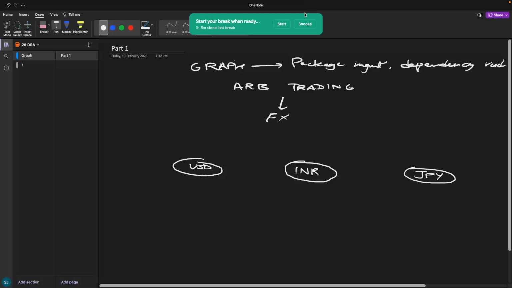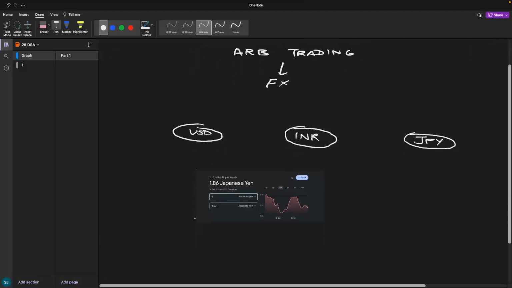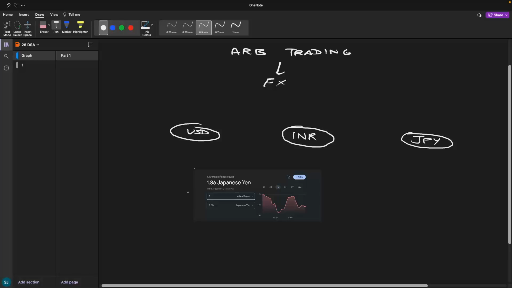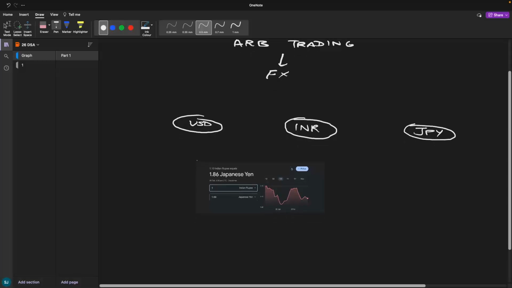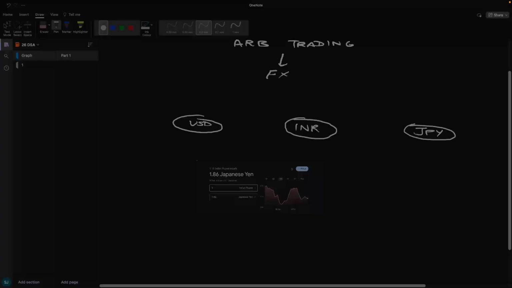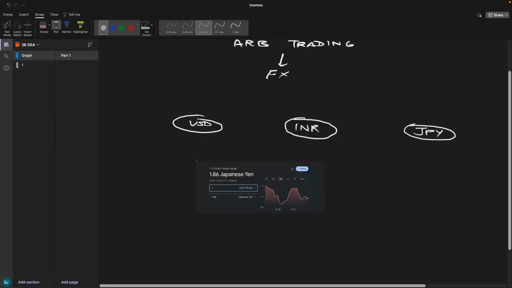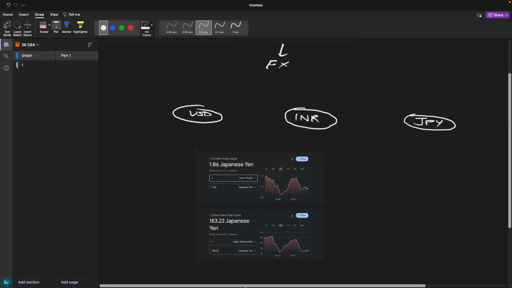Just to show you, 1 INR is 1.86 Japanese yen, and then there's the United States dollar, that's 153 Japanese yen, right?